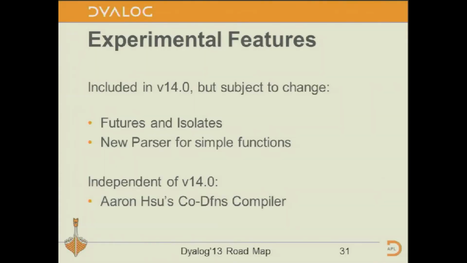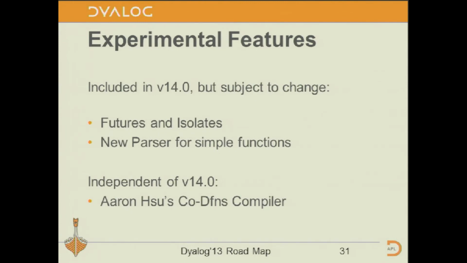Now, perhaps the most exciting features, well, from my point of view anyway, the futures and isolates. There are some features in the interpreter which we are labeling as experimental, which means that we are making them available as part of the official release, but you should be aware that they are likely to change. There's a good chance that they will change based on your feedback when you work on them.